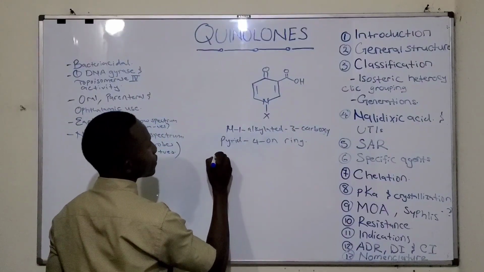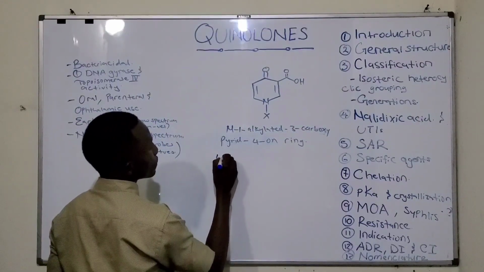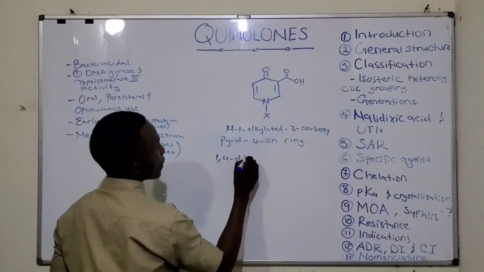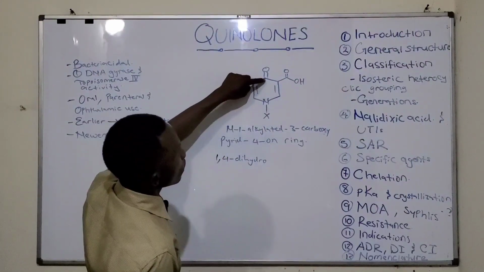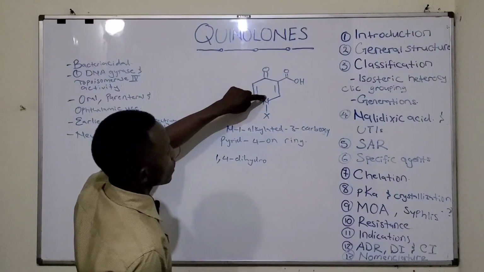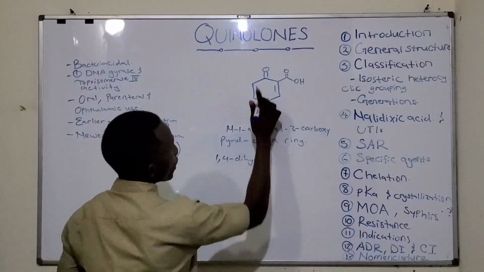Then the pharmacophore is 1,4-dihydro. It is 1,4. This carbon and this nitrogen, they are saturated. So it is 1,4-dihydro.